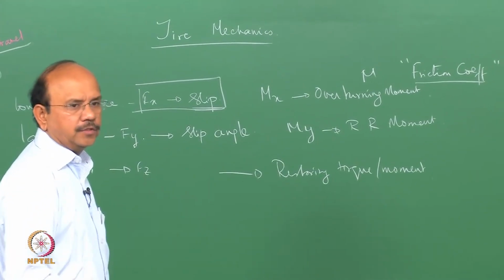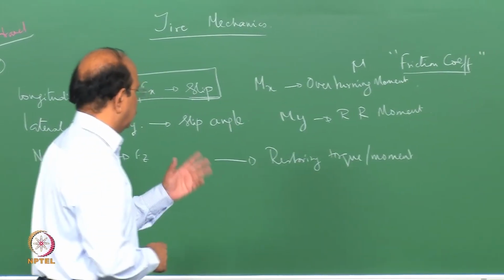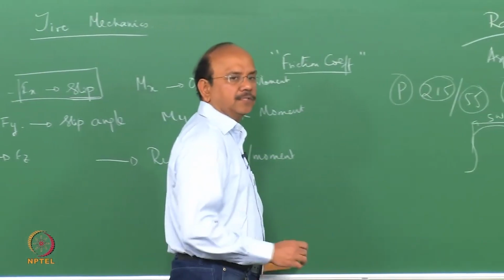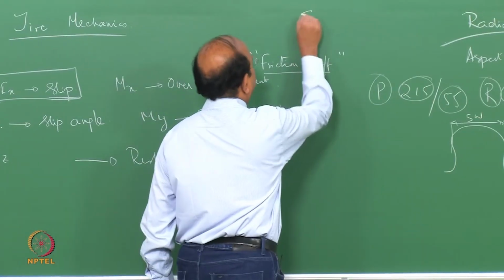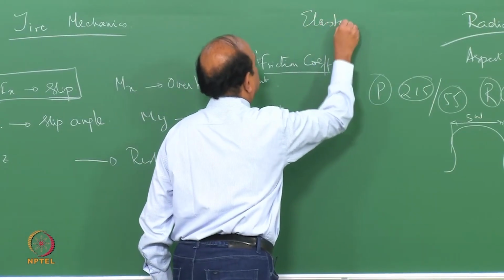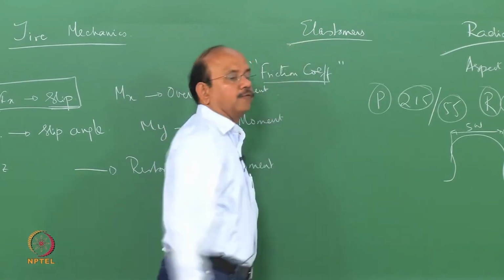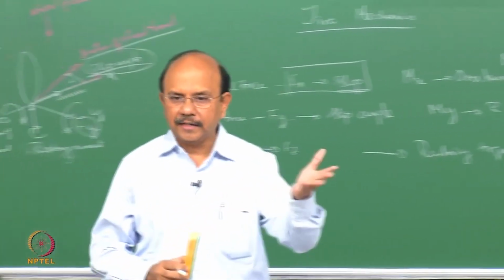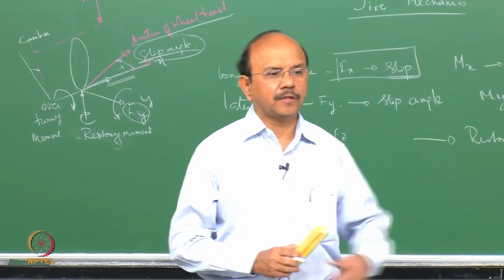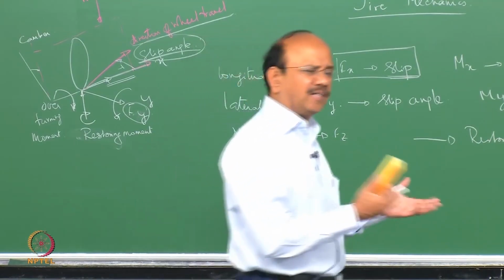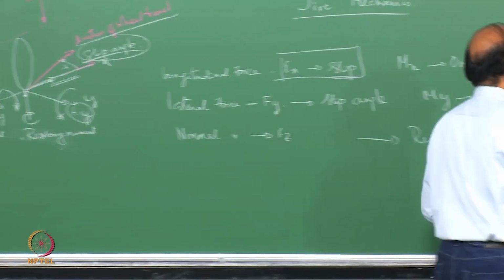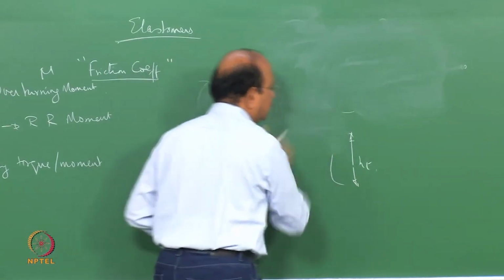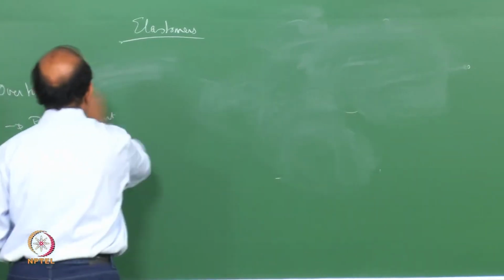All the tires which are used in the automobile basically consist of what are called elastomers. Of course, tires are classified into pneumatic tires, which we use all the time, and solid, non-pneumatic tires, which have very specific applications. But in this course, we are going to only see the pneumatic tires.